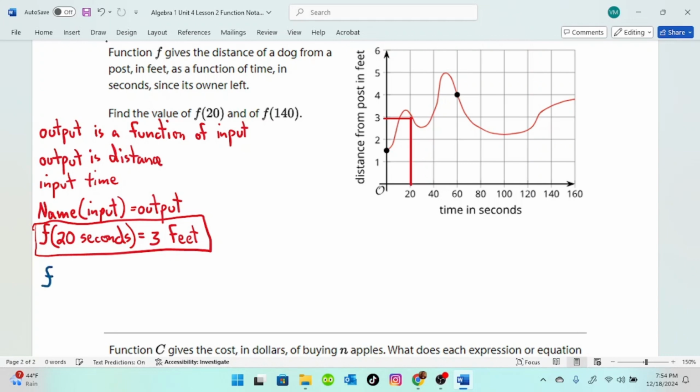So that means f of 140 seconds equals, we go over to 140 seconds, we go up until we hit the line, and then we look to the left, and we see that we are between 3 feet and 4 feet, so we will say 3.5 feet.